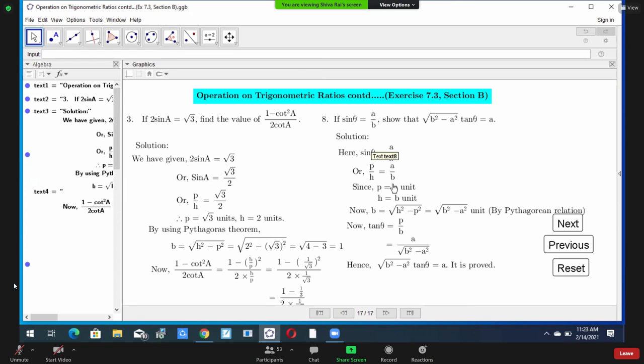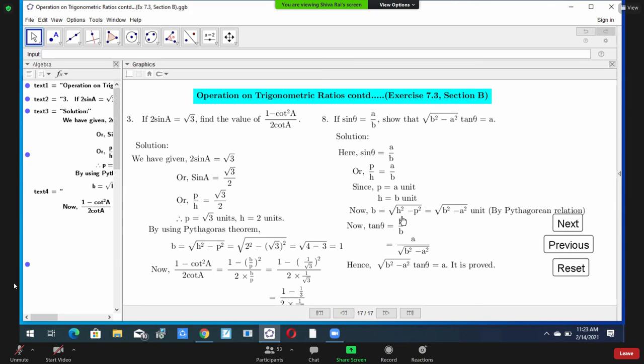Okay, but what is remaining here to find? Here B is remaining. P means perpendicular and H hypotenuse. Already we got these two from the ratios, but B is left. To prove this, we need the value of B also, the base.